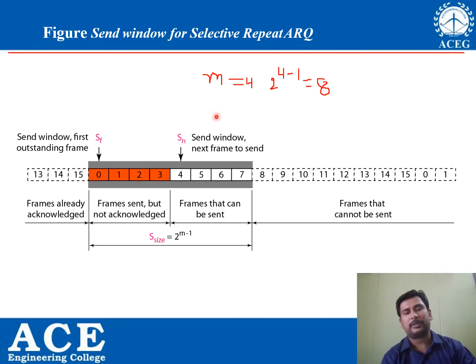The major difference between the selective repeat ARQ window and Go Back N automatic repeat ARQ is that here the window size is only 8, whereas in that case it would be 2 power m minus 1, so 2 power 4, which is 16, minus 1, 15. And the remaining is the same as what you find in Go Back N automatic repeat.